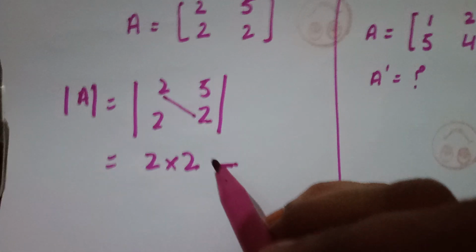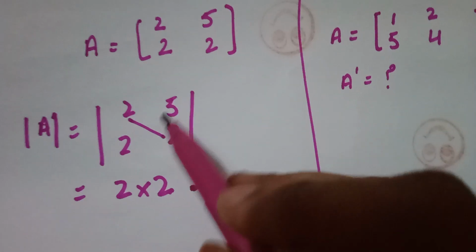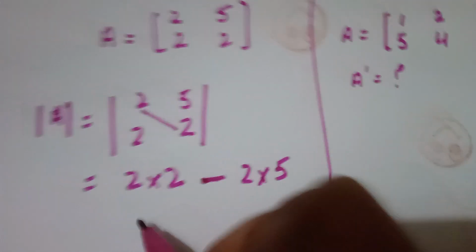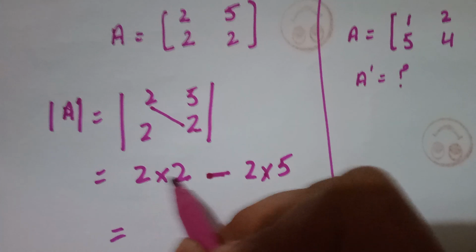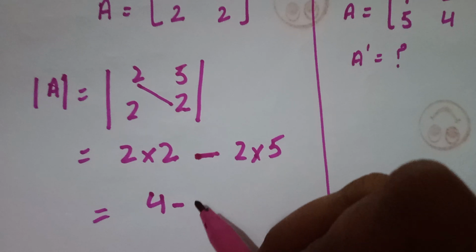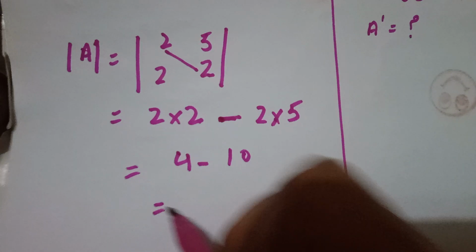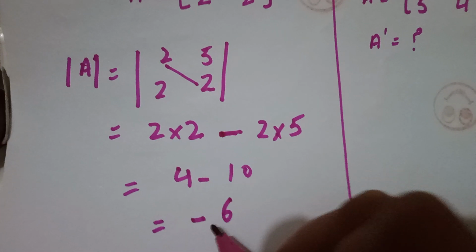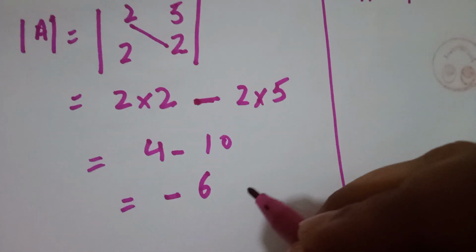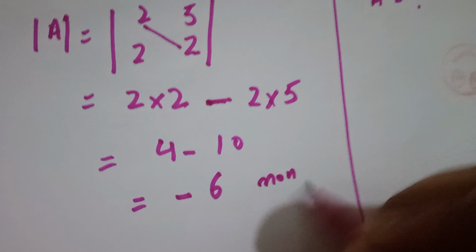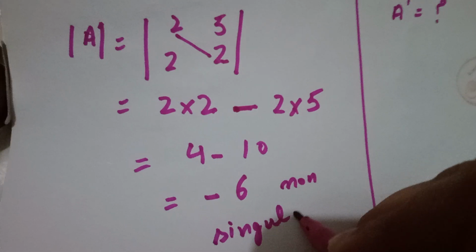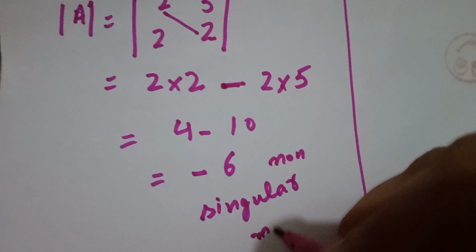Between them we put a minus sign, 5 with 2. 2 2s are 4, 2 5s are 10. This is minus 6. It means this is a non-singular matrix.